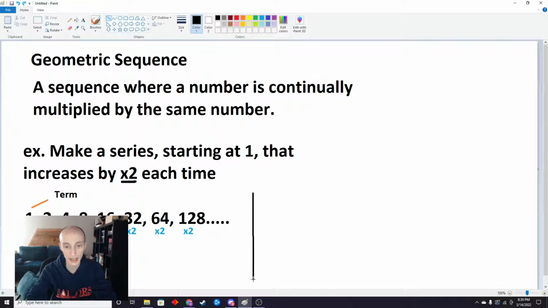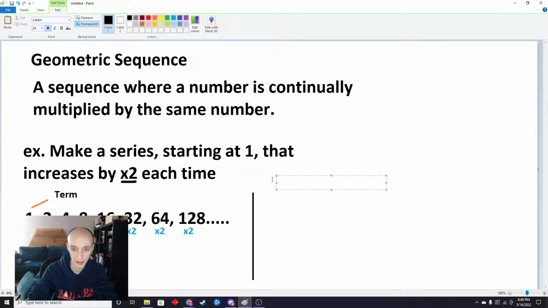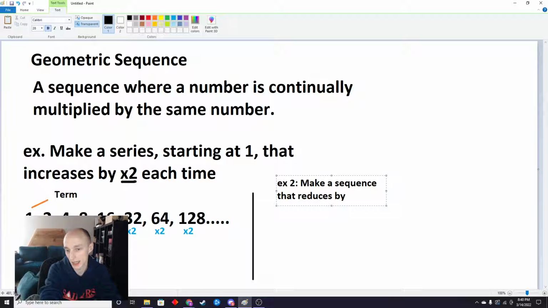So let's go ahead and start a new sequence, and we'll say this new example over here, example 2: make a sequence that reduces by 1/3. 1/3 is kind of fun.